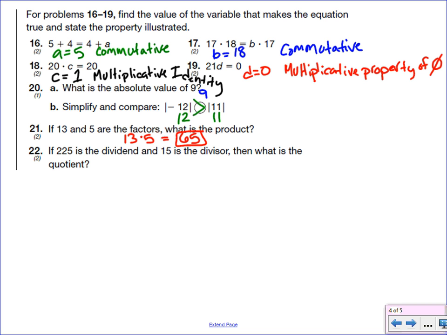If 225 is the dividend, and 15 is the divisor, then what is the quotient?